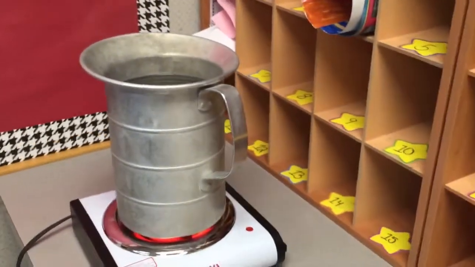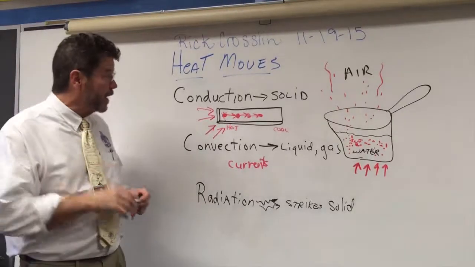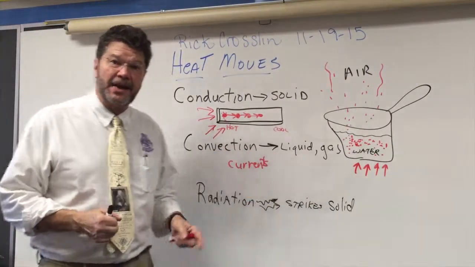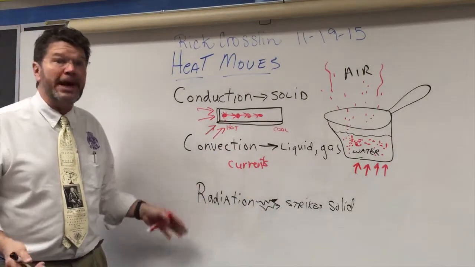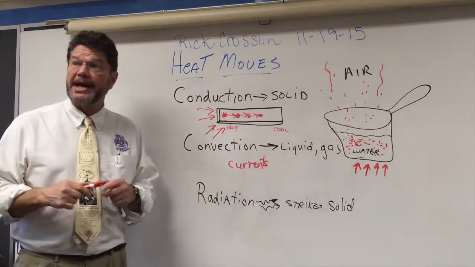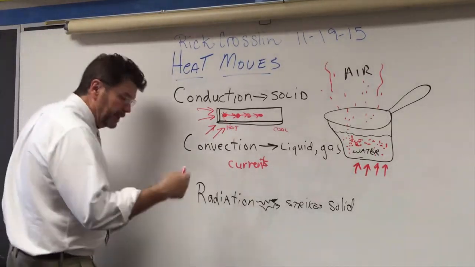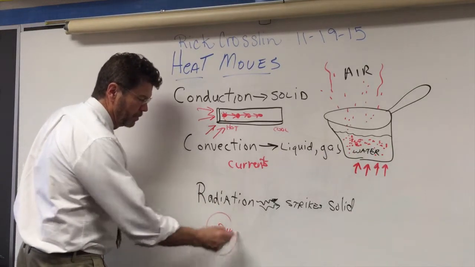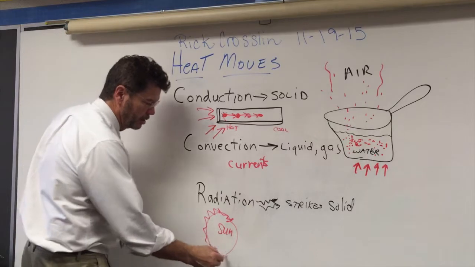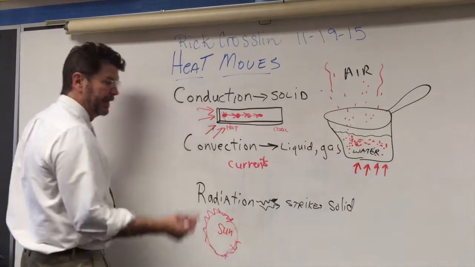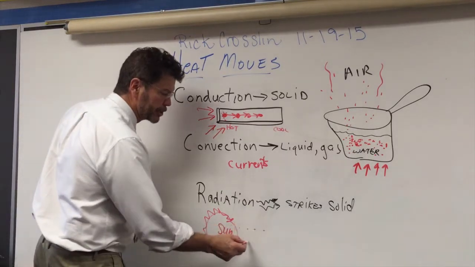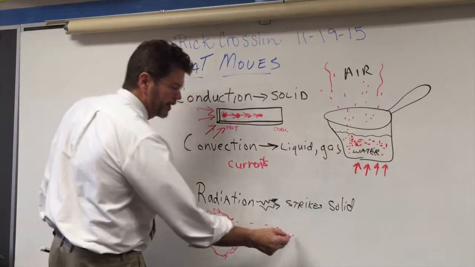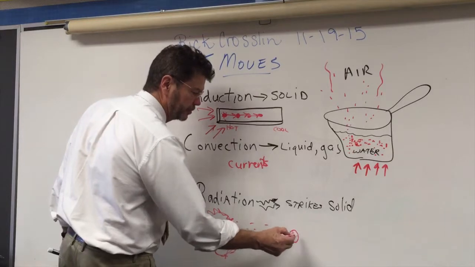Very good. All right, so we've talked about conduction through a solid, convection through a liquid or a gas, and the last one is probably your favorite, radiation. The best way to explain radiation is when energy, let's say from the sun, and this is not to scale, goes through empty space, and it goes through our atmosphere and hits the earth.